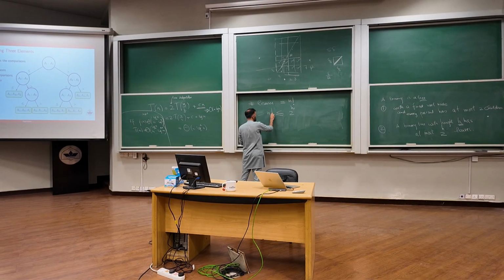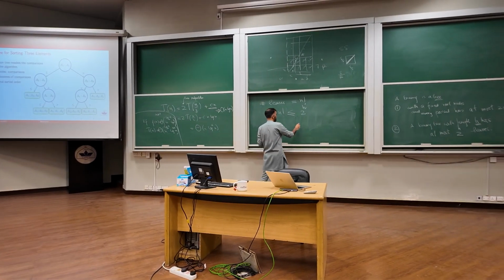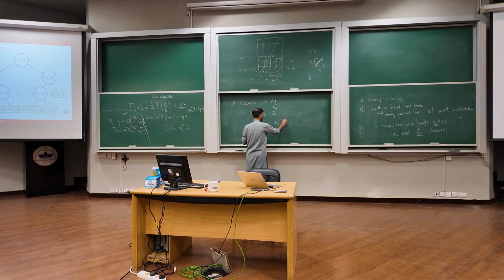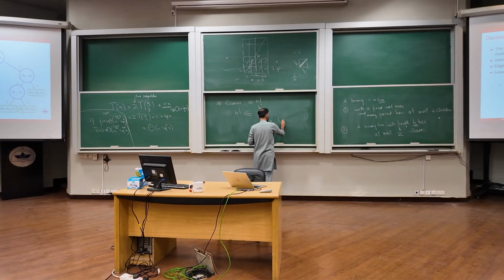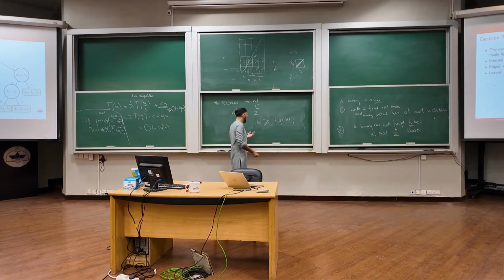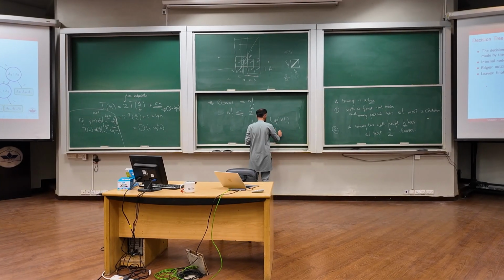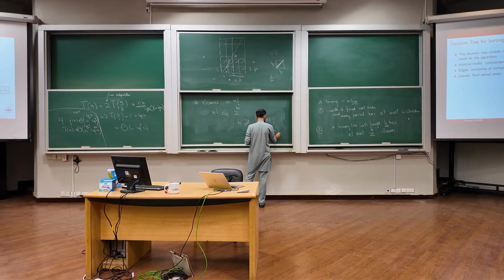So n factorial is less than or equal to 2^h, which means that h is greater than or equal to log of n factorial. And log of n factorial is n log n.